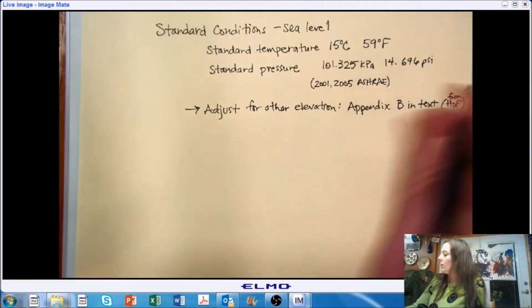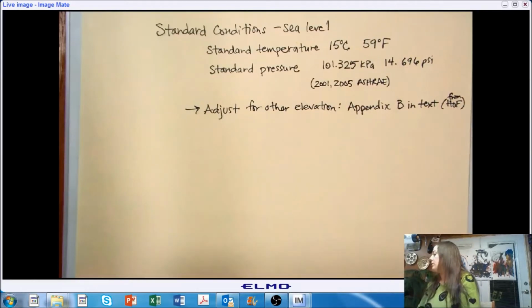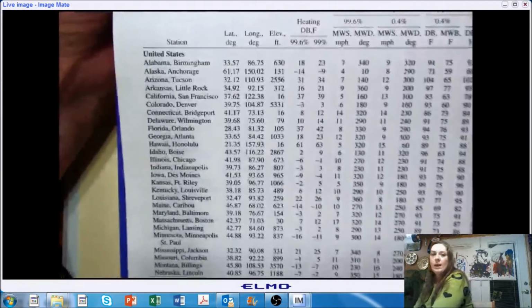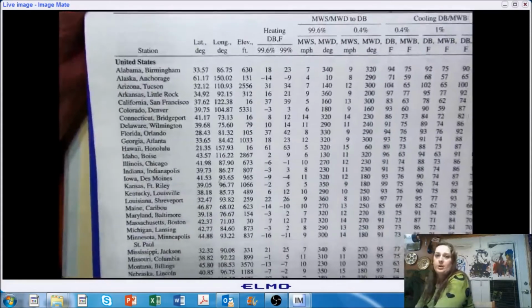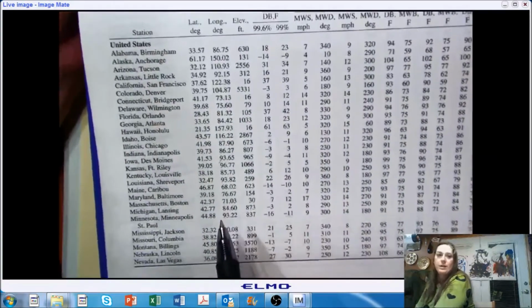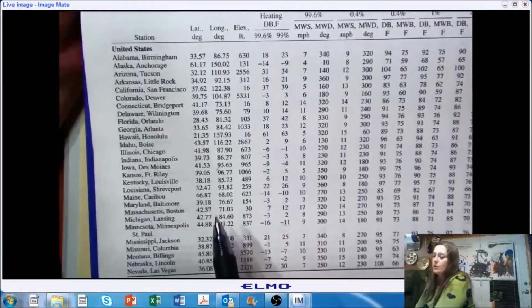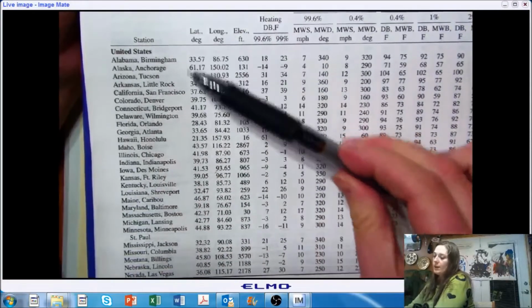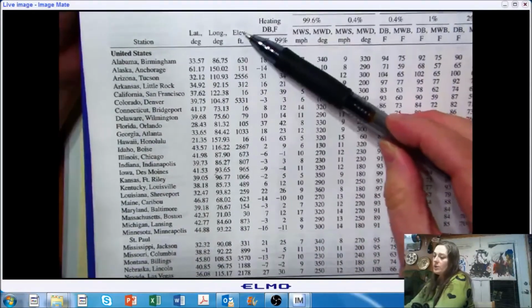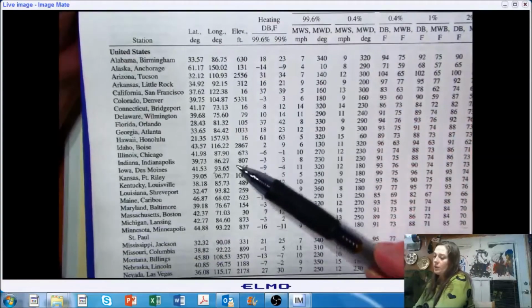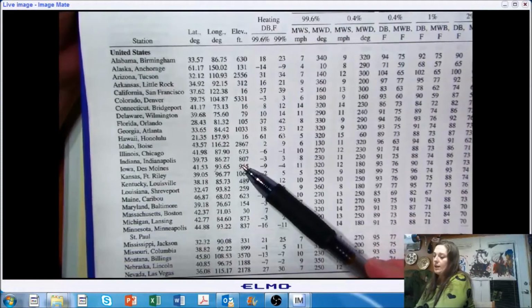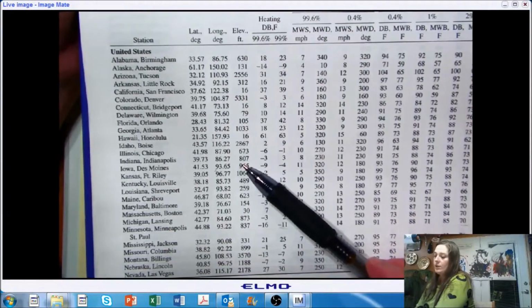And it's a table of weather data, so let's grab it real quick and take a look. Appendix B, weather data, essentially gives you a lot of information that we're not going to need for this discussion. We will need it in the future, but essentially a list of weather stations, latitude, longitude, but the column that we're interested in is elevation. We're going to choose Indianapolis, Indiana to represent us, and we see that the elevation there is 807 feet.